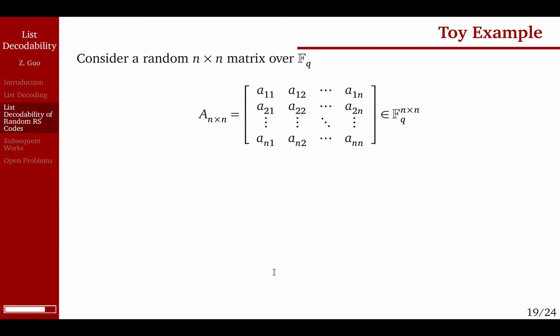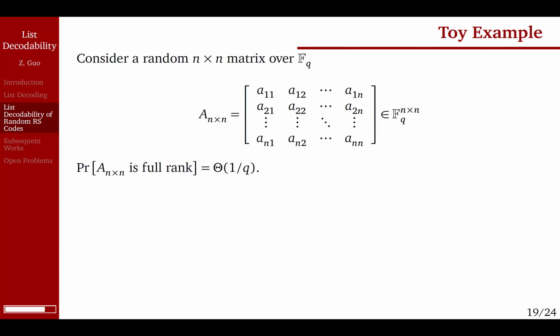Let me use an example to explain this idea. Suppose we want to randomly choose an n by n matrix over F_q, where each entry is independently and uniformly chosen from F_q. We want this matrix to be full rank. What is the probability that it is not full rank?